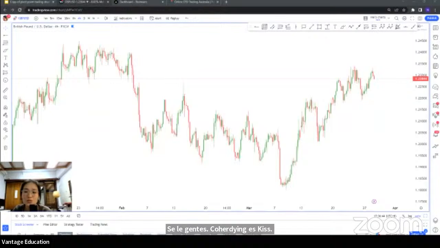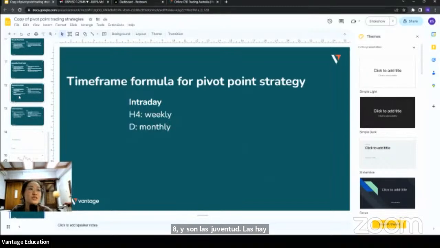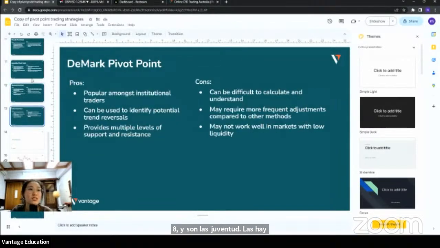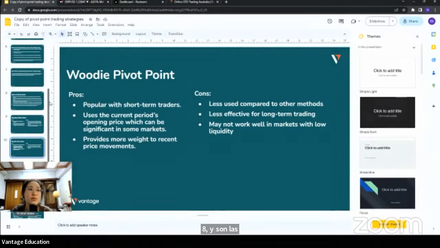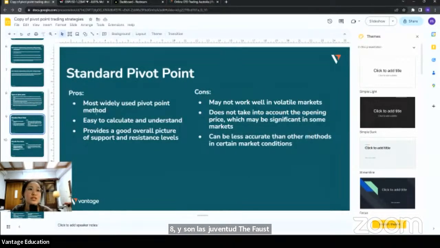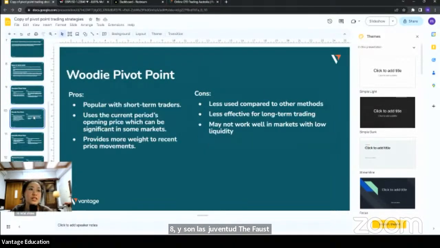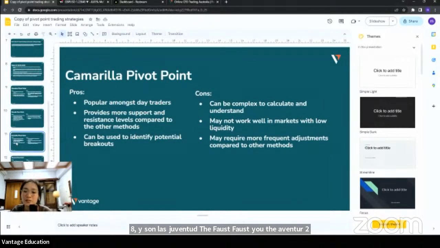Okay, Rajat asked which strategy is good for intraday trading. So let's go back to the slides, just so I can show you the pros and cons. The first few that we went through are really good for intraday trading, like the Woody as well as the Camarilla.